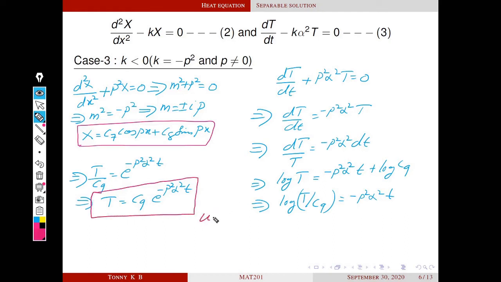Our solution u equal to X into T, so this into this. Here c7 and c9 are arbitrary, and the product c7 into c9 is replaced by another arbitrary constant a3, and similarly c8 into c9 is replaced by b3. So this is the solution corresponding to k negative.